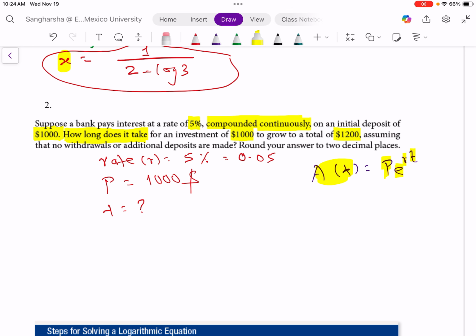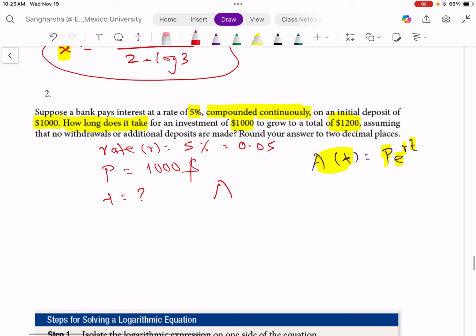So how long does it take for an investment of $1,000 to grow to a total of $1,200? That $1,200 is the amount that we want after investing $1,000. So A of T, or simply the amount, is $1,200.